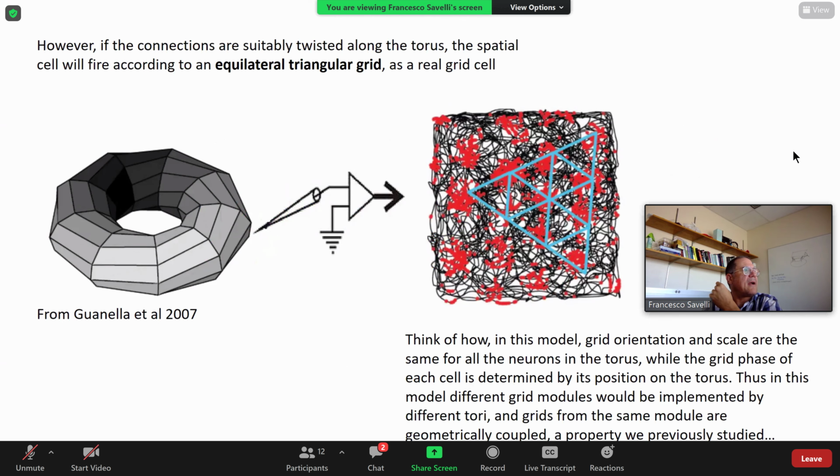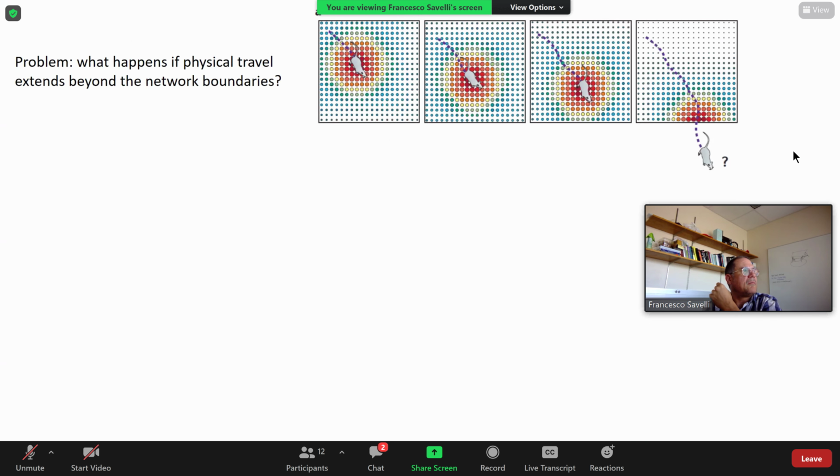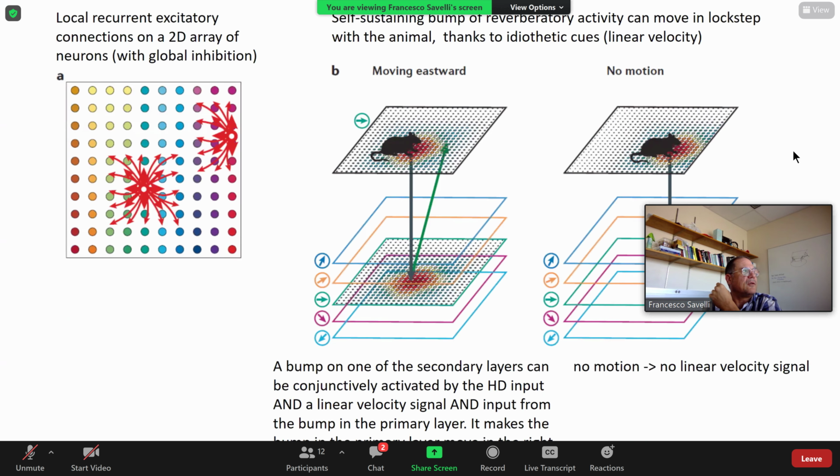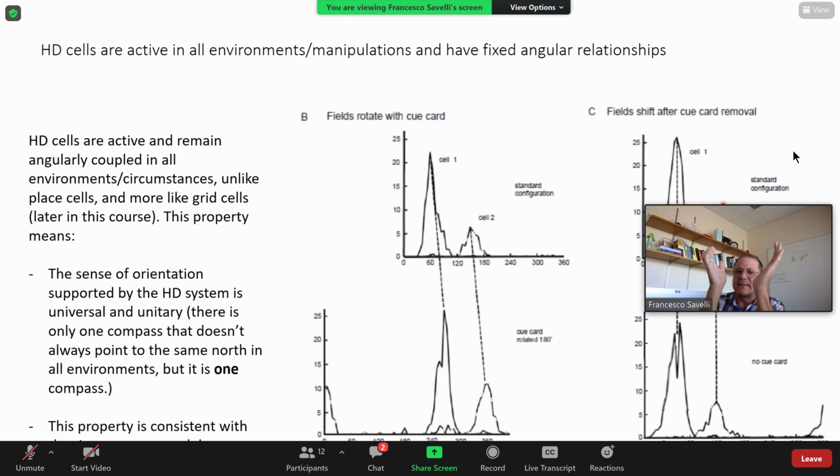But if we go back, remember, because we have the ring attractor, we have this property where the two head direction cells preserve their angular differences, right?